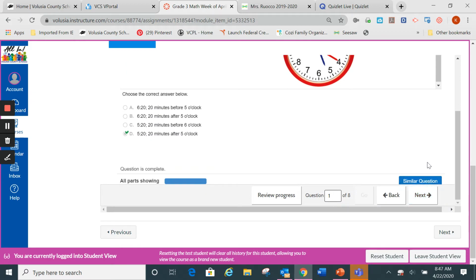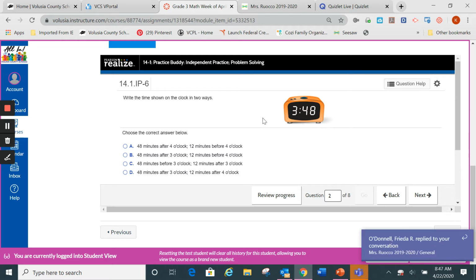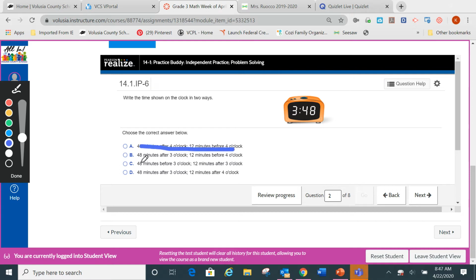If I didn't get that one right or I needed additional practice, you can click on similar question. But since we got it right, I'm going to move on. What time is shown? I see that it's 3:48. I have 48 minutes after 4. Well, it's not after 4. 48 minutes after 3.